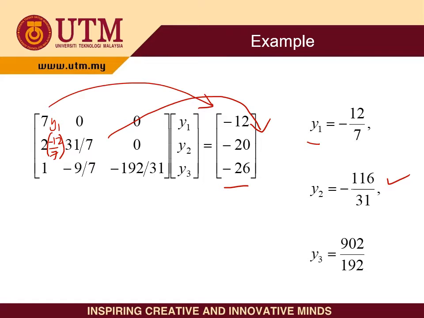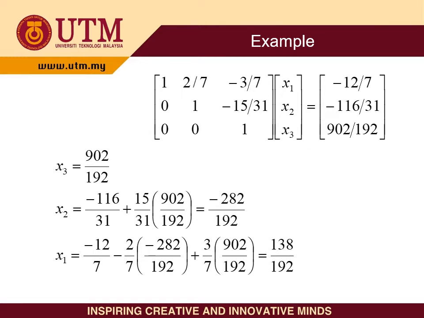And we can say that this is negative 12 over 7. And we also have y2, which is negative 116 over 31, which if you move both to the other side, you will get y3 equals 902 over 192.